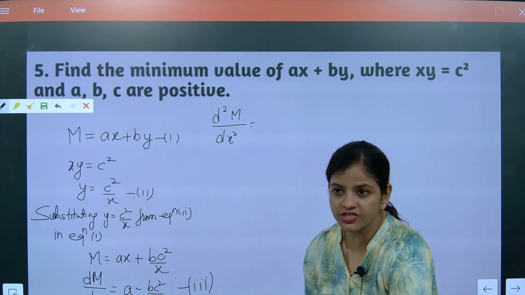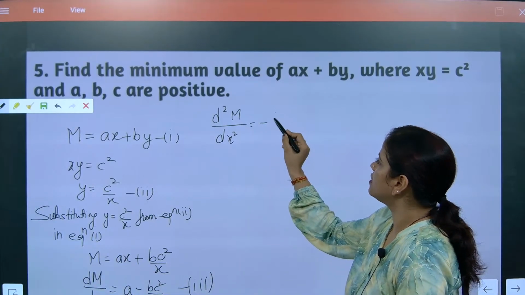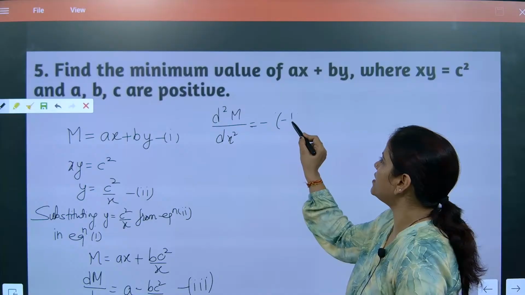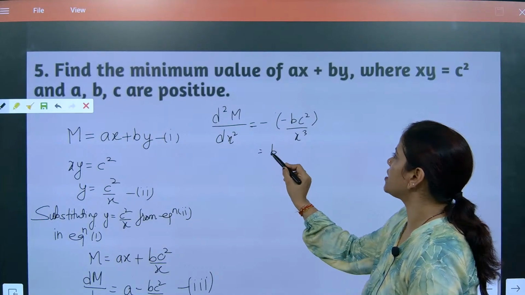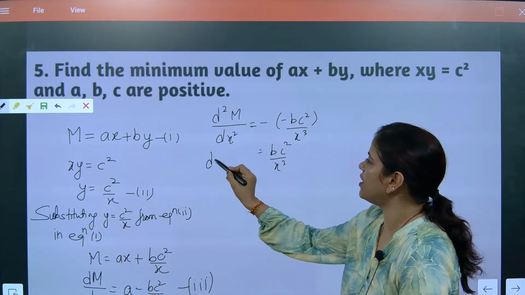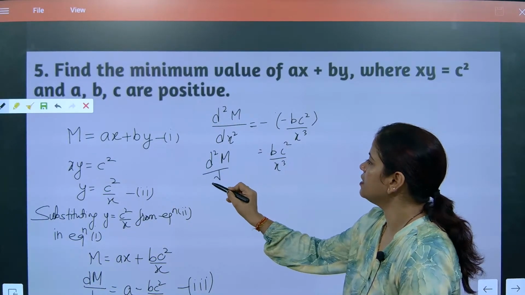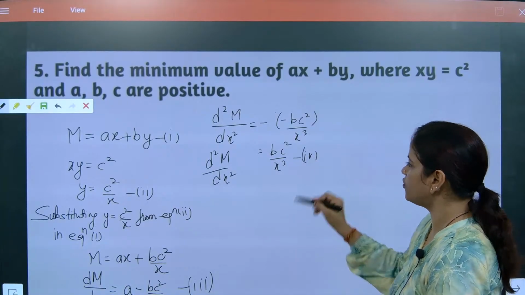Now again differentiating will give you what, beta? Minus bc square by x cube. So it will become bc square by x cube. So this is d2m by dx square. This we will take it as equation 4.